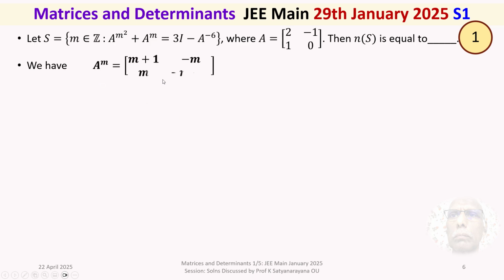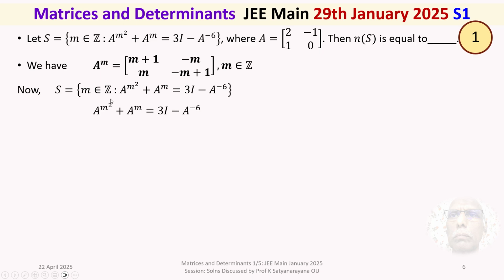We have A power M is this, M belongs to Z. Now, S is the set of all M belongs to Z. Note down, M belongs to Z. A power M square, of course M square is a natural number, plus A power M, M an integer, is equal to 3I minus A power minus 6. So this is A power M square plus A power M is equal to 3I minus A power minus 6.